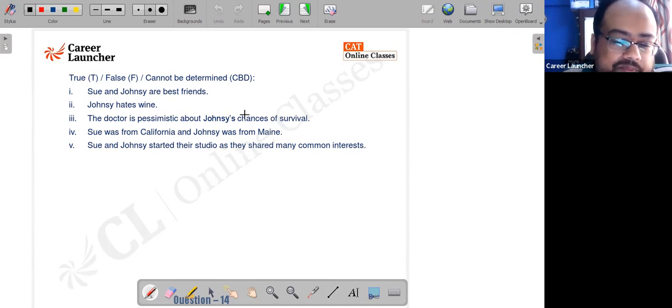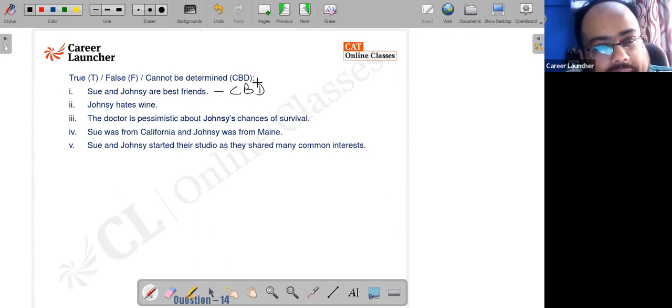The first one, Sue and Johnsy are best friends. This cannot be determined. They are good friends, yes, but whether they are best friends or not, that cannot be determined. The passage does not give that information. As I said, reading comprehension is about answering questions from the author's perspective.